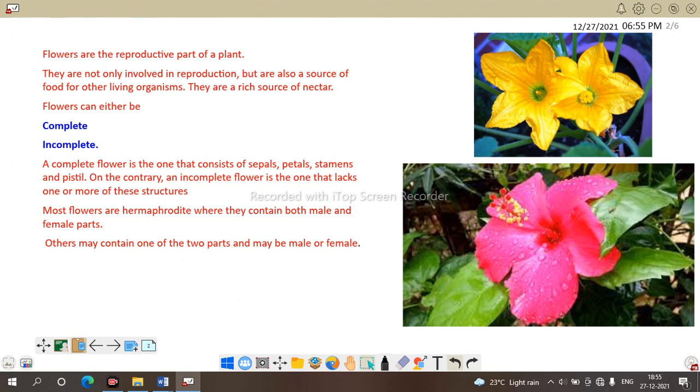The example is hibiscus, where both the male and female parts are present in a single flower. These are the pentamerous stigma, and these yellowish parts are the stamens. So the flower is hermaphrodite. On the other hand, we may find individual flowers, that is male flower and female flower, as in the family Cucurbitaceae.